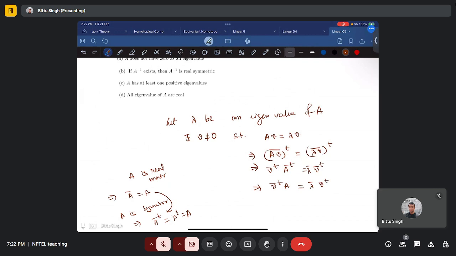Right. Now what can be done? Simply multiply V on the right.